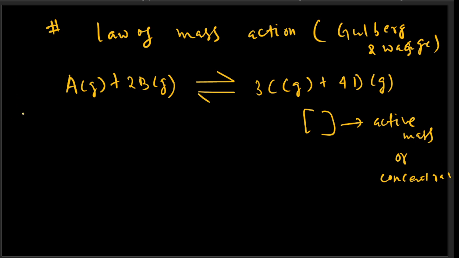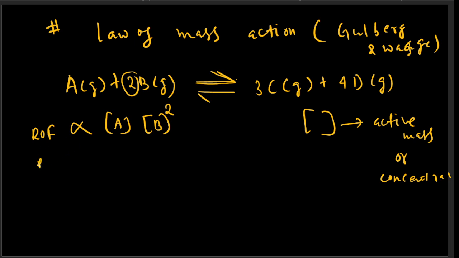So what he says is that the rate of forward reaction depends on the initial concentration. This is the forward reaction, so it is directly proportional to the concentration of A and the concentration of B, and the stoichiometric coefficients will become the powers.